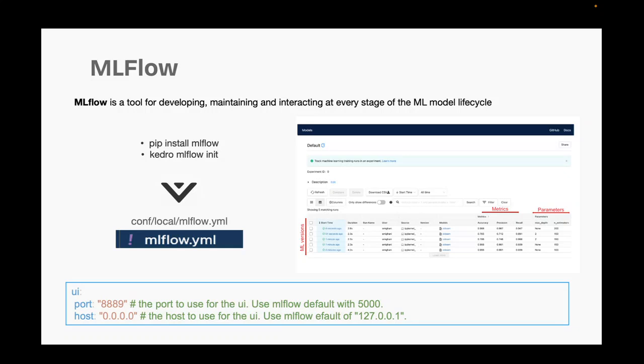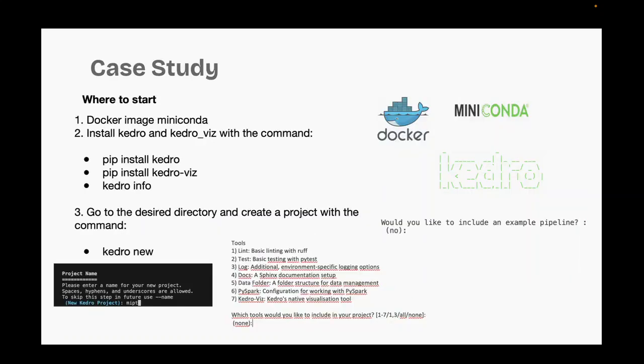This command generates an mlflow.yml file. This is a file in the directory where we store and configure the host and the port for the MLflow interface. If MLflow is running on a remote server, we can specify the necessary credentials in this file, enabling direct logging of experiments without relying on a local instance. So, next slide.